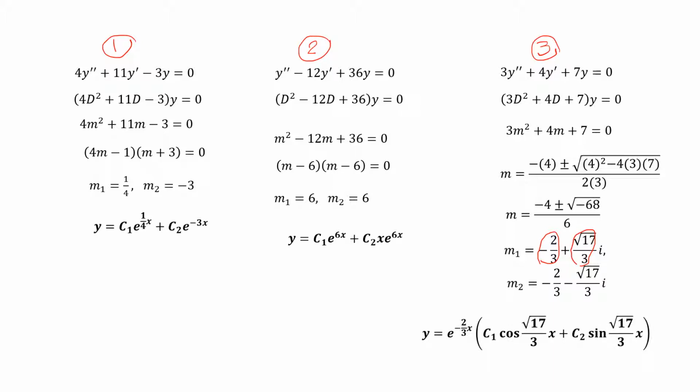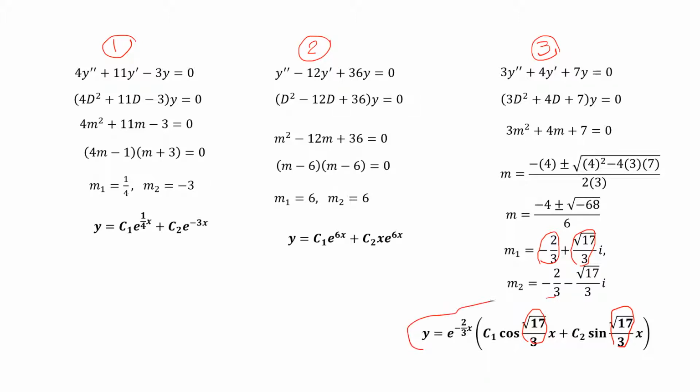So look at the solution. That square root of 17 over 3 is associated with the sine and the cosine, and that negative 2/3 there is associated with the power of e.